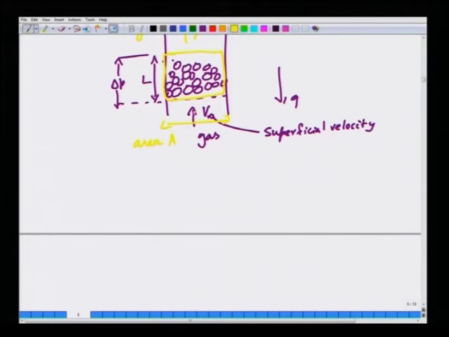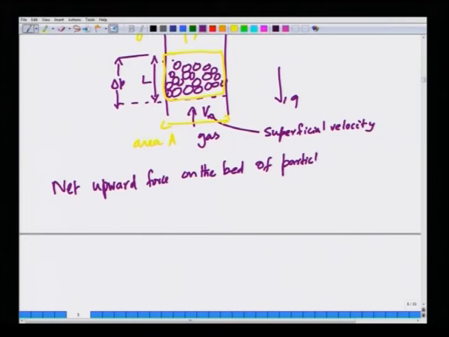The cross sectional area of the bed is A, delta P is the pressure drop across the bed. Okay. The net upward force, if you do a momentum balance on the bed of particles, is nothing but delta P times A. Okay.